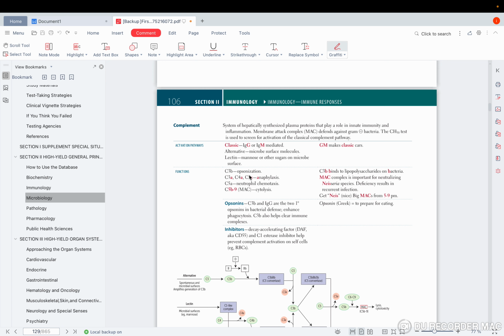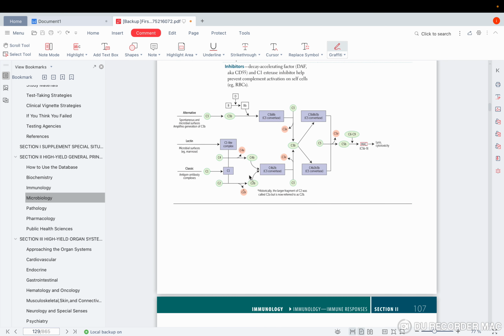So some people write C5a. I cannot say that you guys are wrong, but what is C5a most likely to do? Do we say that it's an opsonin or chemotactic? Chemotactic, yep. Neutrophil attraction by chemotactic. Yeah?